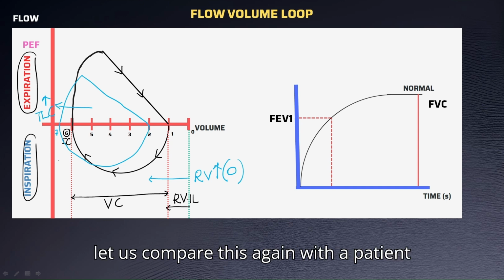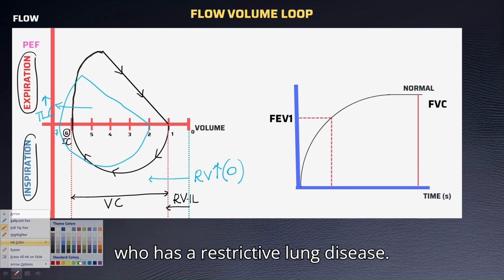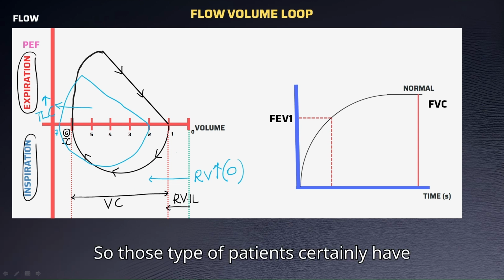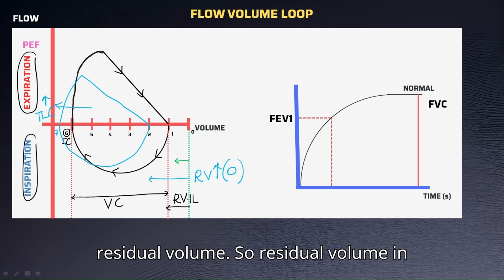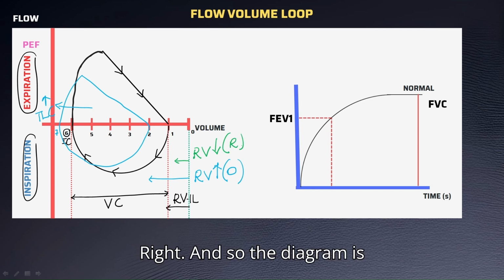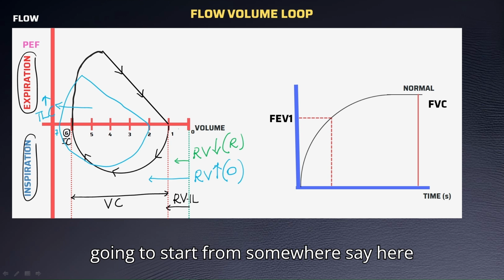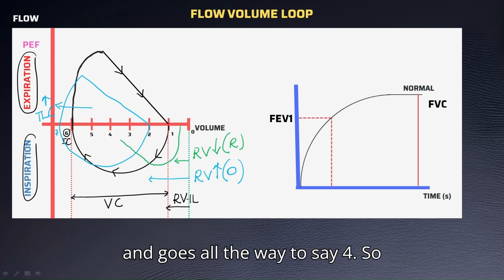Okay, now let us compare this again with a patient who has a restrictive lung disease. So those type of patients certainly have a decrease in the residual volume. So residual volume in restrictive lung disease decreases, right? And so the diagram is going to start from somewhere, say here, and goes all the way to, say, 4.